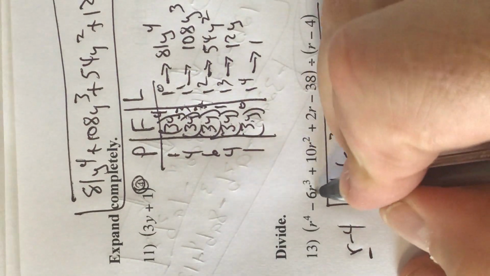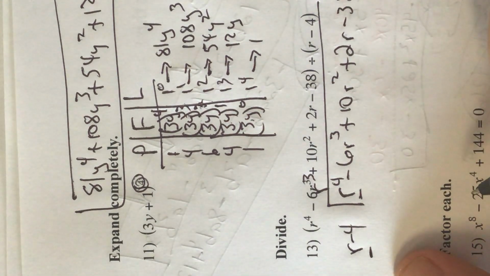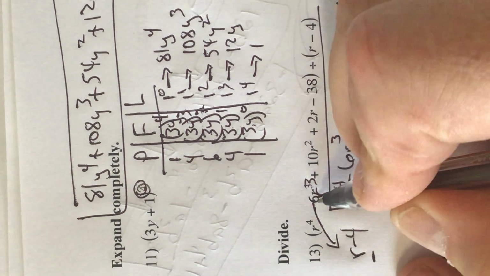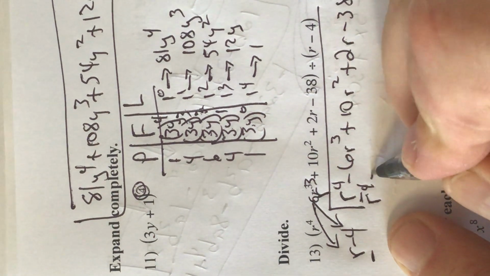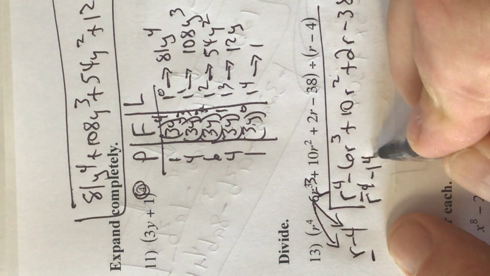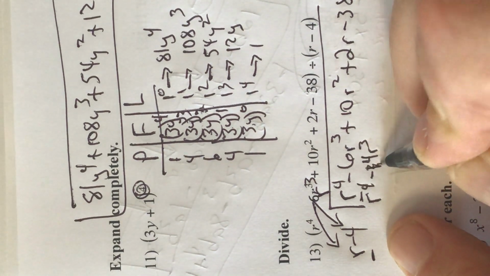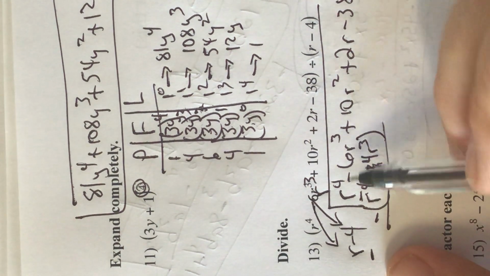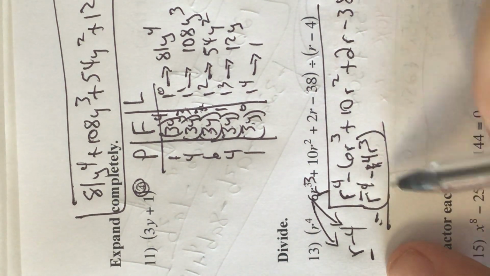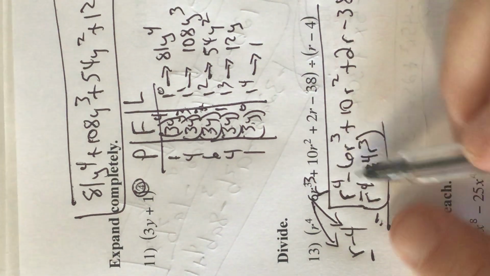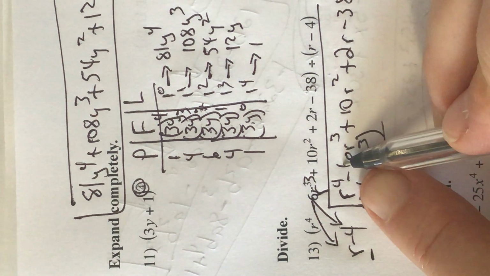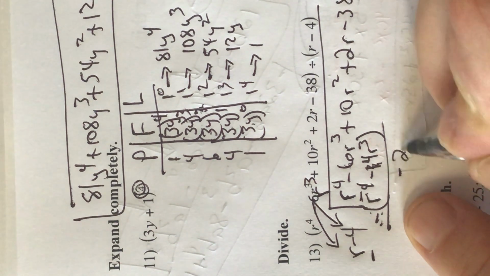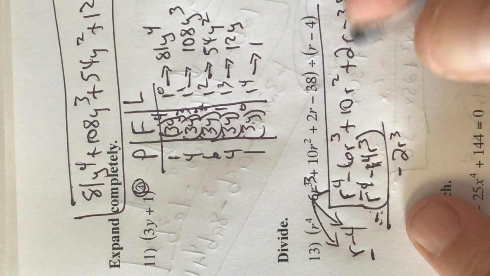So r times r to the 3rd will do that. r to the 3rd times r is r to the 4. r to the 3rd times negative 4 is minus 4r to the 3rd. Package it, make sure you put it in brackets because it's now r to the 4 minus r to the 4 is gone. But now we have negative 6 minus minus 4. Negative 6 minus minus 4 is negative 6 plus 4. It's negative 2r to the 3rd.